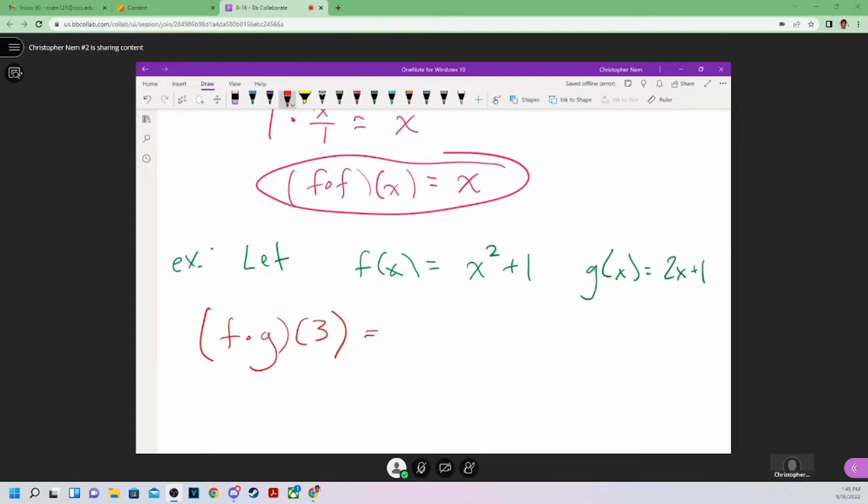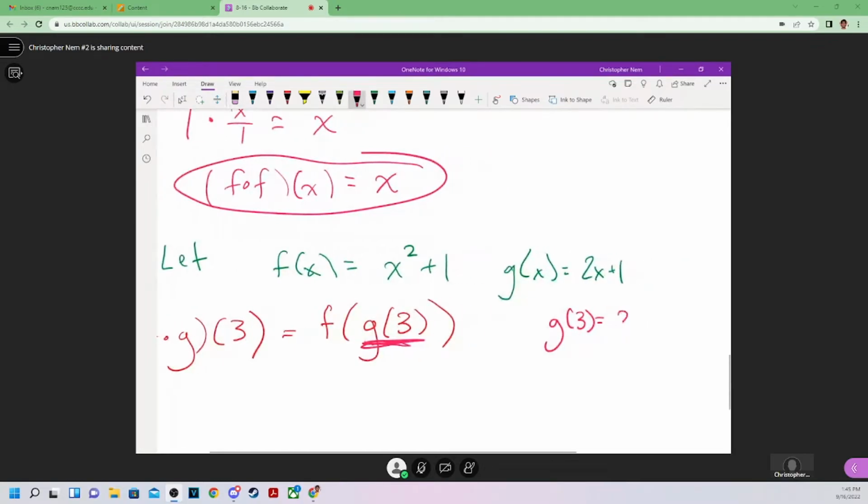Now, when we calculate f of g of 3, that means we have to do f, and the input is g of 3. Instead of x, we're going to put 3. This is not too bad to calculate because I need to calculate g of 3 first. If I calculate g of 3, that is 2 times 3 plus 1, which is 6 plus 1, which is equal to 7.